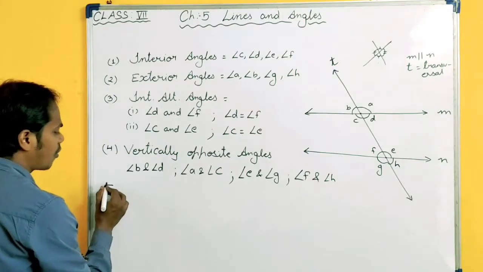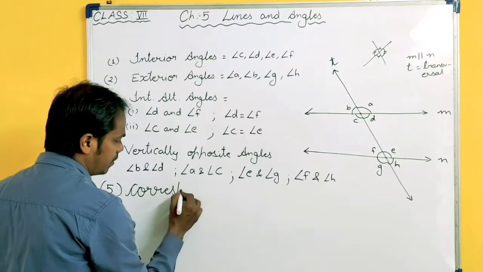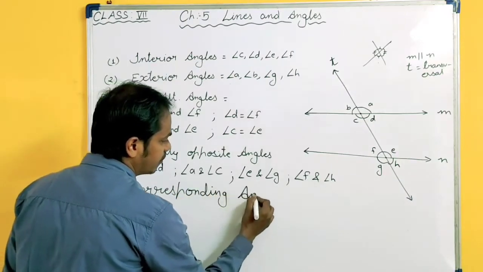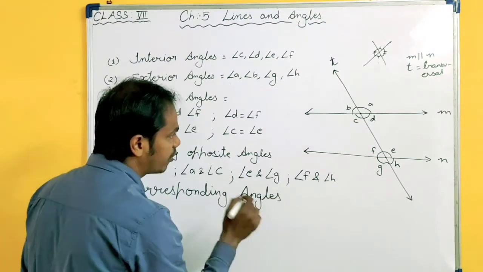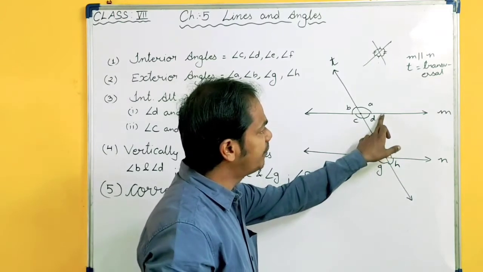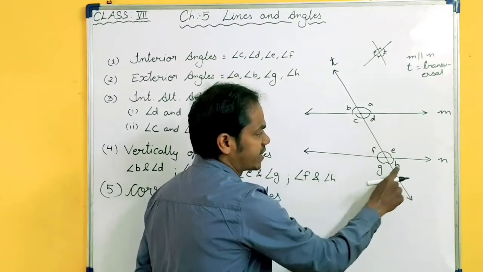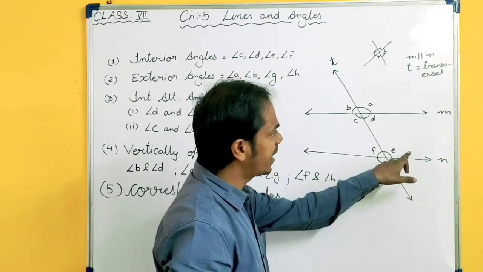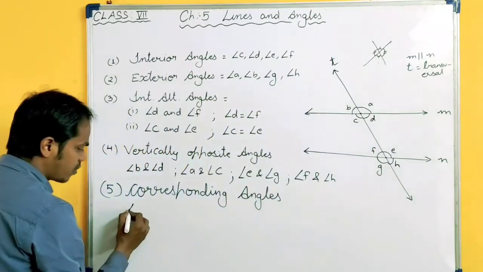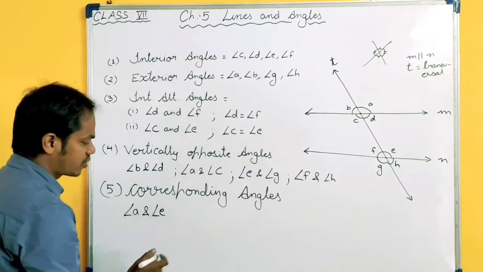Now come to corresponding angles. Here also you will get 4 pairs. See, the angle below this line and the angle below this line, so D and H. The angle above this line and the angle above this line, means A and E. So angle A and angle E are corresponding angles.